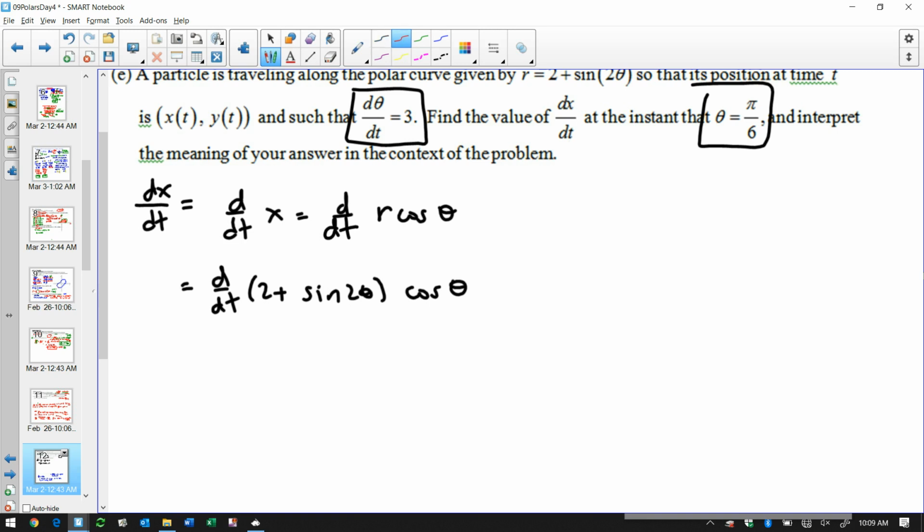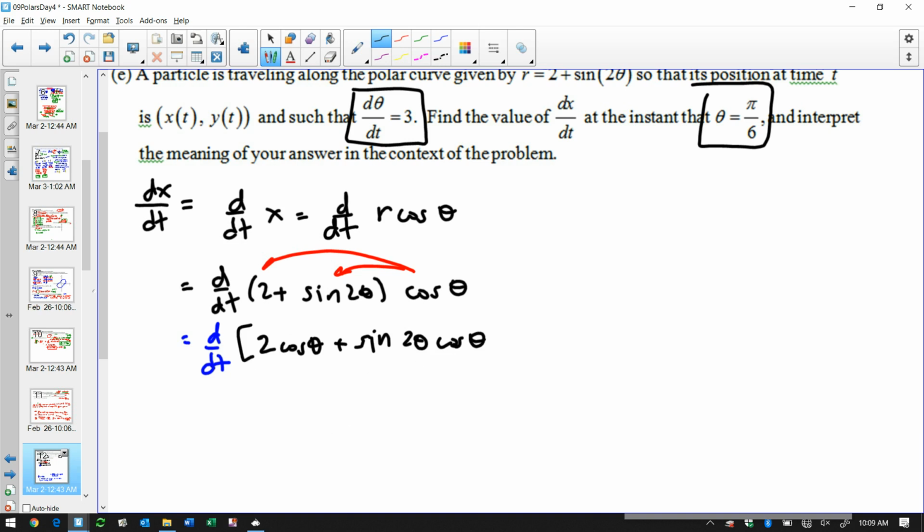Simplify. Okay, let's simplify. If I simplify, what I'm going to do is take this cosine and distribute it. So what you'll get is d/dt of 2 cos θ + sin 2θ cos θ. That's good so far.